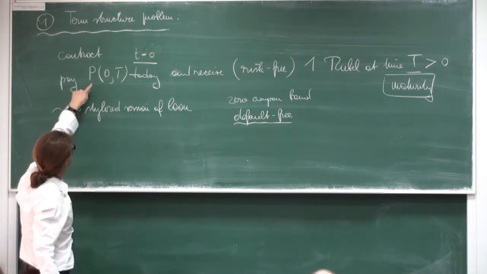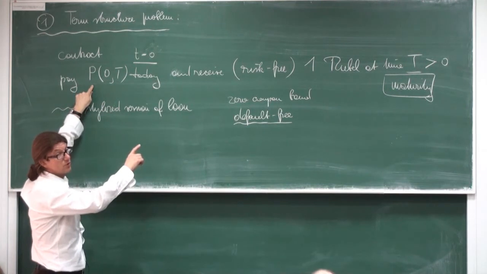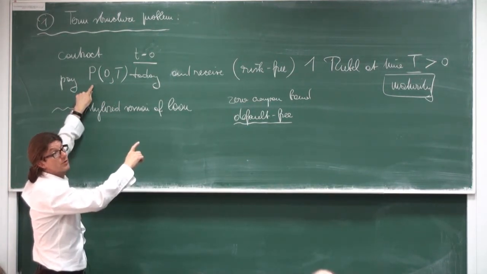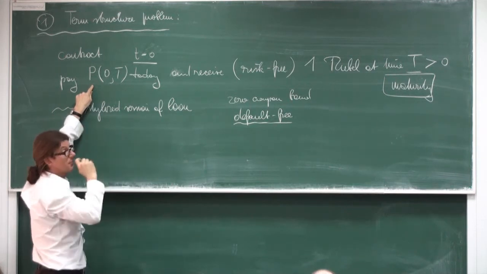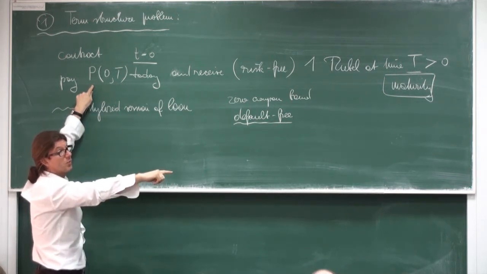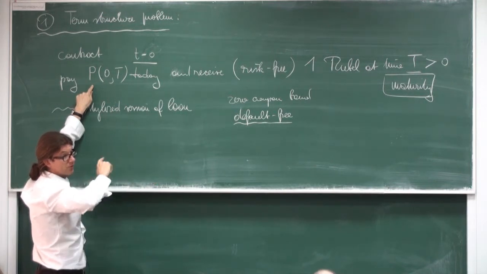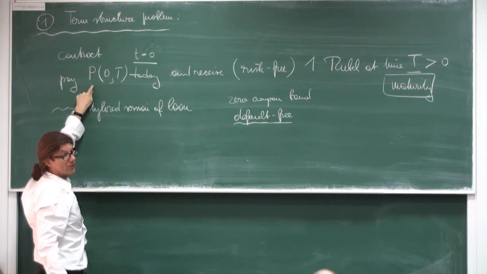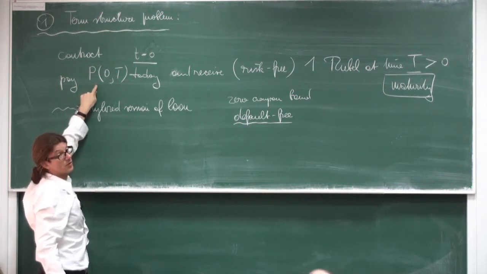For instance, if the entity, the institution to which you pay, is the state of Greece, there was a default risk. So you pay a certain amount, it is promised that you get 1 unit of currency back at the end, and there was a certain default risk. How is the default risk usually reflected? By the price of the contract.